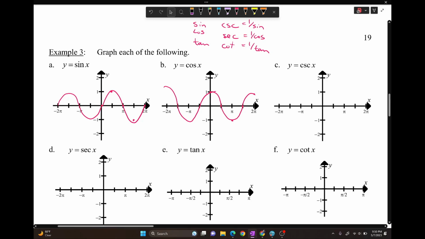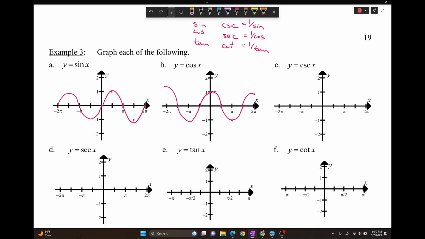So I wanted to make you a little table of sine values and cosine values because I know that tangent has some asymptotes in it. And specifically, where will tangent have some asymptotes? Well, there is another definition of tangent and cotangent, which I'm about to remind you of: tangent is sine over cosine, and cotangent is cosine over sine.